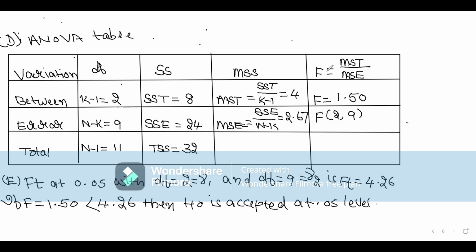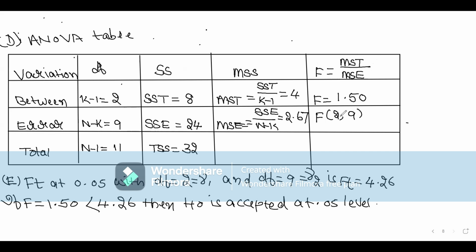Now next, here F. F equals MST divided by MSE if MST is greater, and it may be MSE upon MST if MSE is greater. Here this F value, MST is greater because it is 4, and it is 2.67. Whichever is greater, you take in the numerator. Whichever is smaller, take in the denominator. Then 4 upon 2.67, you are getting 1.5.